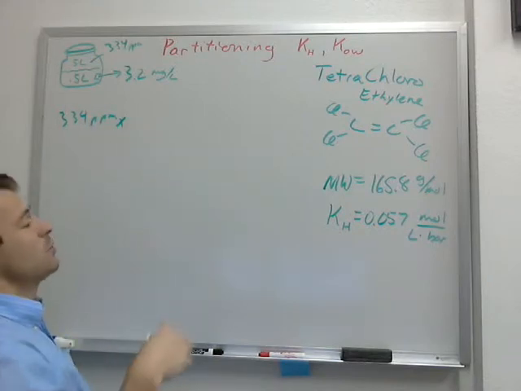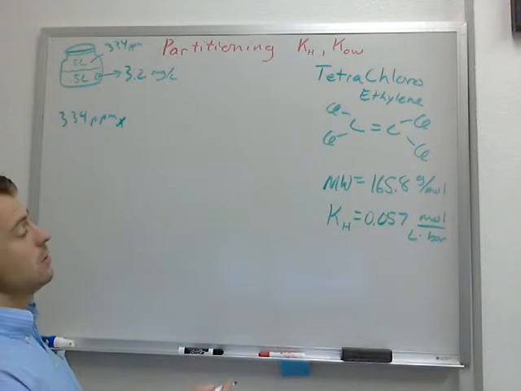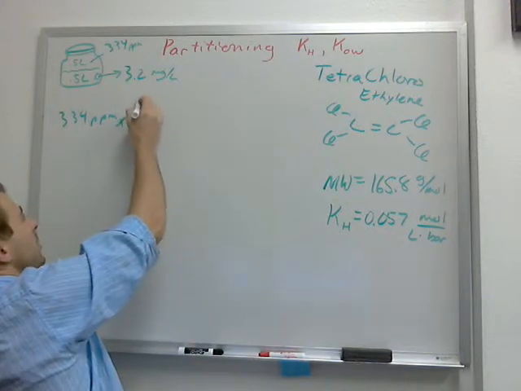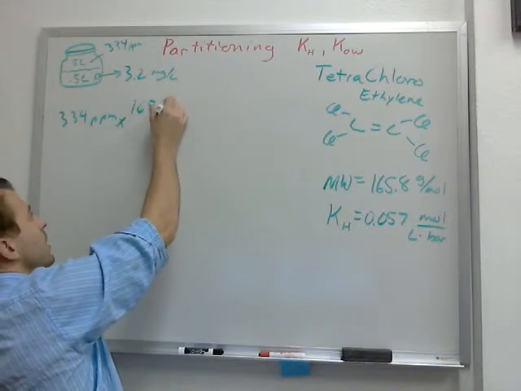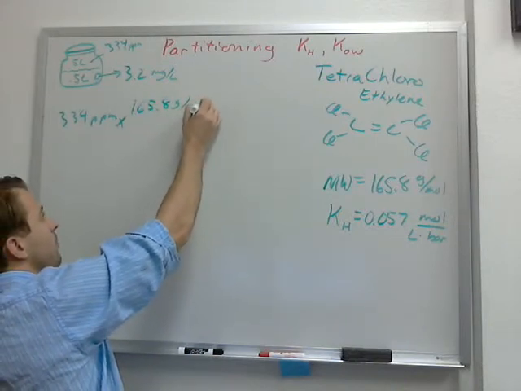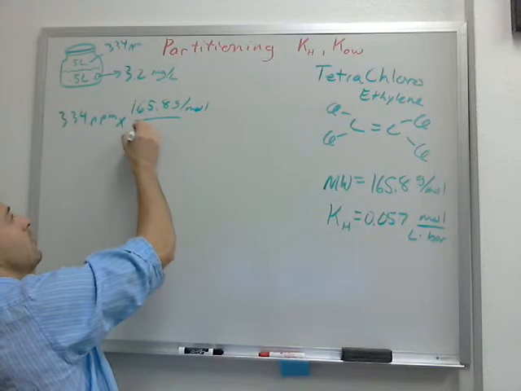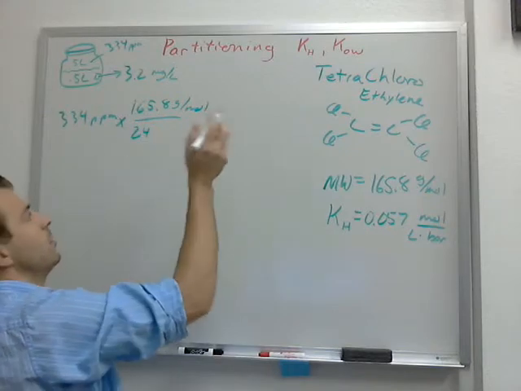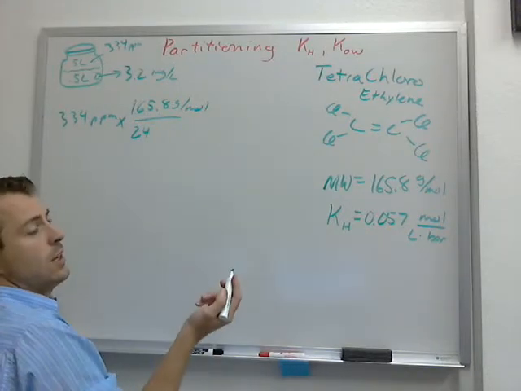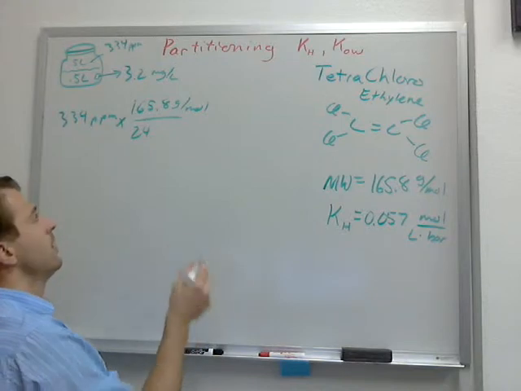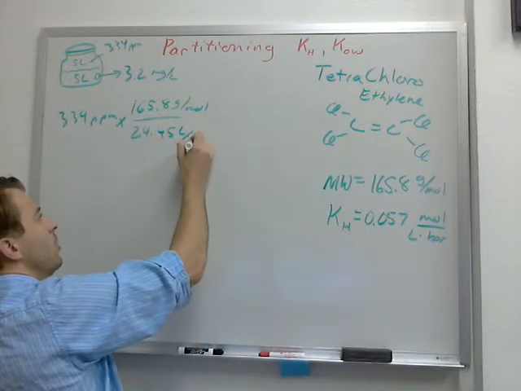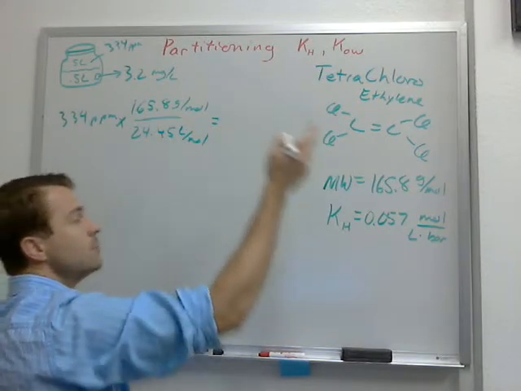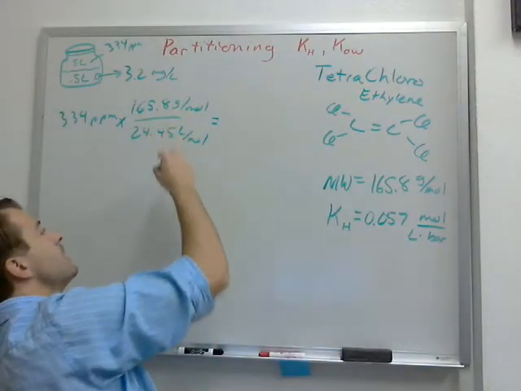We need that in some sort of mass unit, so milligrams per cubic meter is good enough for me. Multiply it by our molecular weight, 165.8 grams per mole. Divide by molar volume. We're assuming that we're at 1 atmosphere and about 25 C, so 24.45 liters per mole. And this gives me, again, remember, the units cancel out.